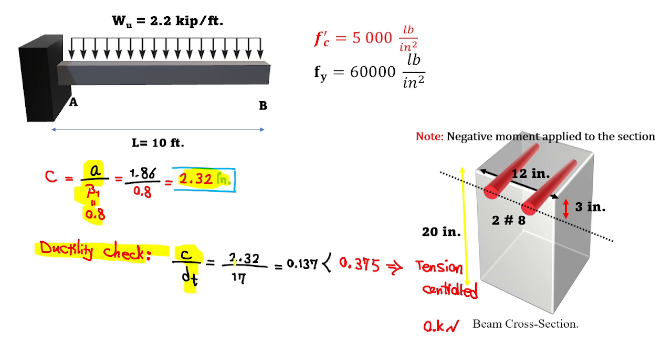You can easily check your ductility: c over dt, 2.32 over 17, gives you 0.137, which is definitely smaller than 0.375, so it is tension controlled. We discussed this in a previous concrete video, you can view it. That's related to the ductility check for grade 60 steel rebars.